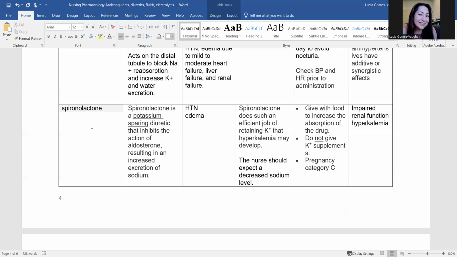The nurse should expect a decreased sodium level. Give with food to increase absorption of the drug. Do not give with vitamin K supplements. It is pregnancy category C, and contraindications are impaired renal function and hyperkalemia.